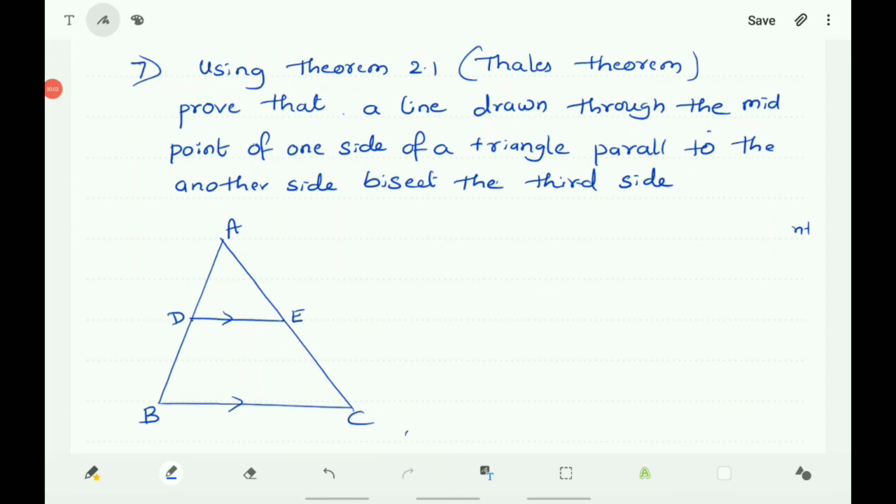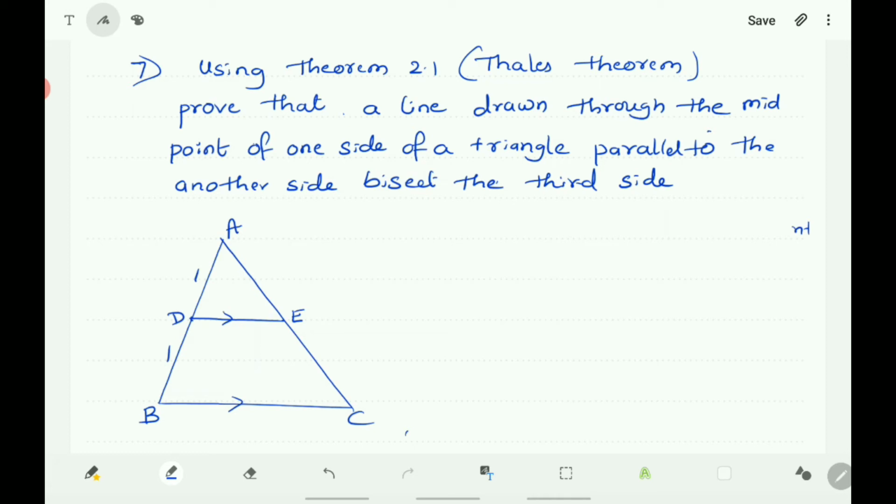The seventh question is, using theorem 2.1, that is by Thales theorem, prove that a line drawn through the midpoint of one side of a triangle parallel to another side bisects the third side. Here it is given that line DE is drawn through the midpoint of the side AB. So here D is the midpoint, means the ratio is 1:1.